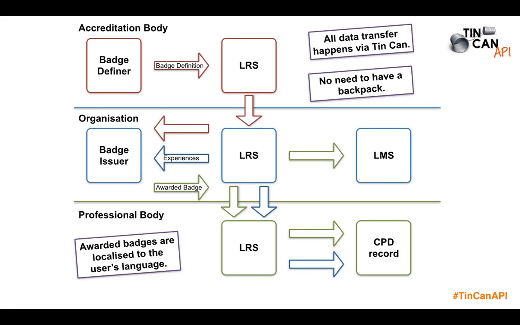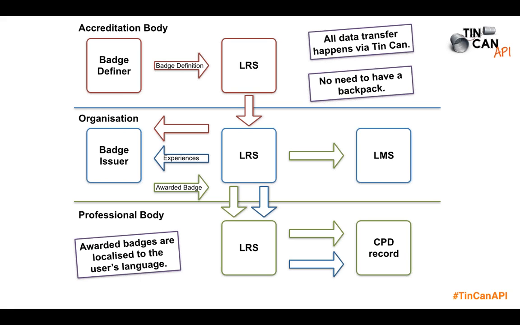We've got an organization who wants their learners to be accredited and wants them to be able to show off their accreditation with the professional body, but they don't want to share all of their learning data with the accreditation body because it's private, it's commercially sensitive. They don't want to give away all of that learning data. And then we've got the professional body who wants to allow the learners to update their CPD record with stuff that they're doing within their organization.